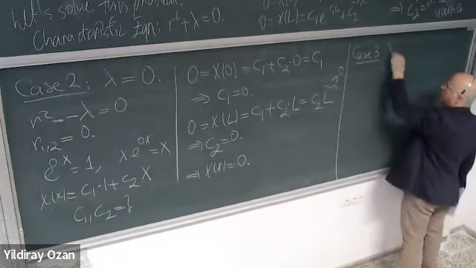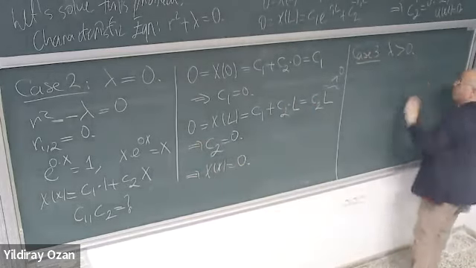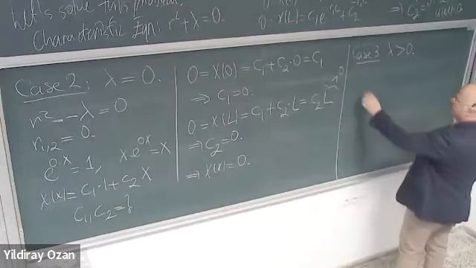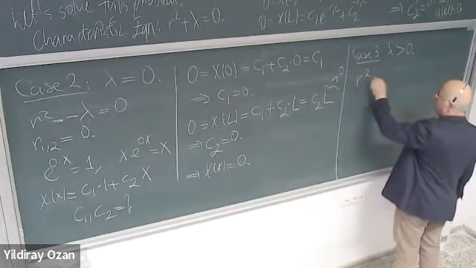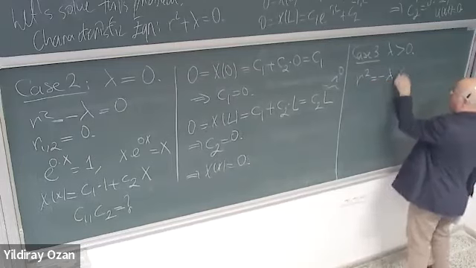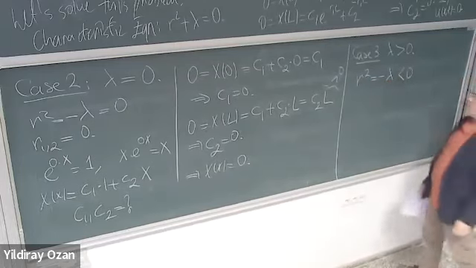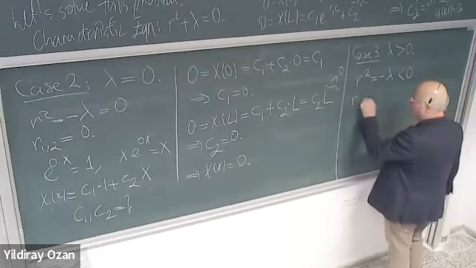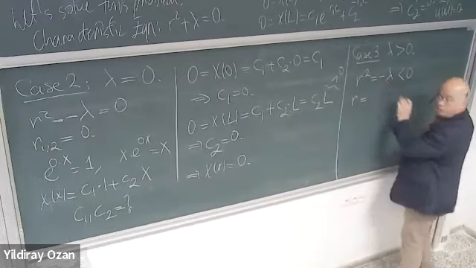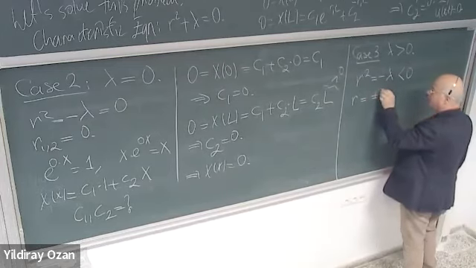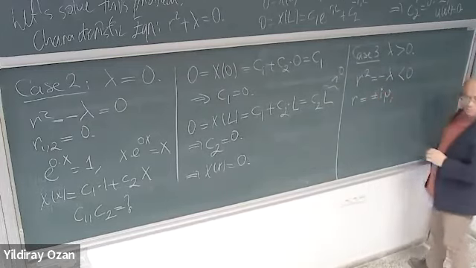Okay, lambda is positive. Let's see what we get. So this time r squared is minus lambda, and it is negative. So what is r? R is just the square root of this negative number. So it is plus minus i times mu. What is mu?